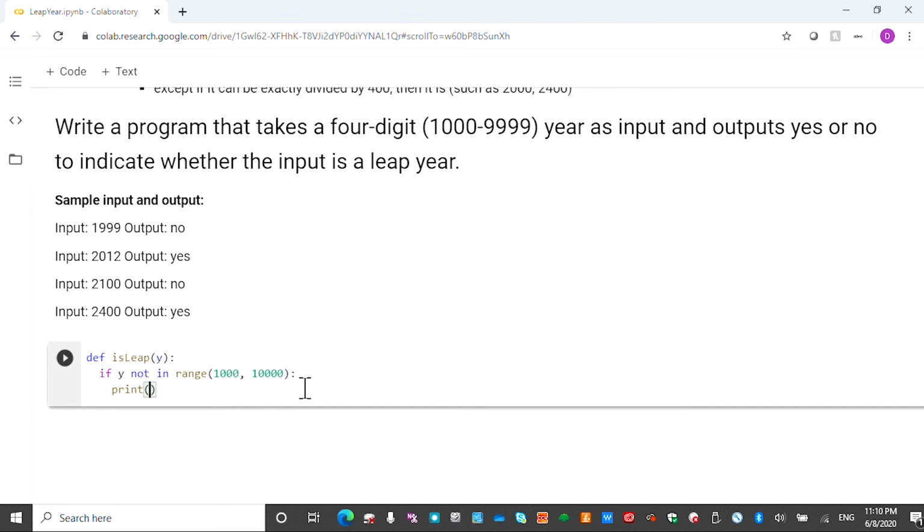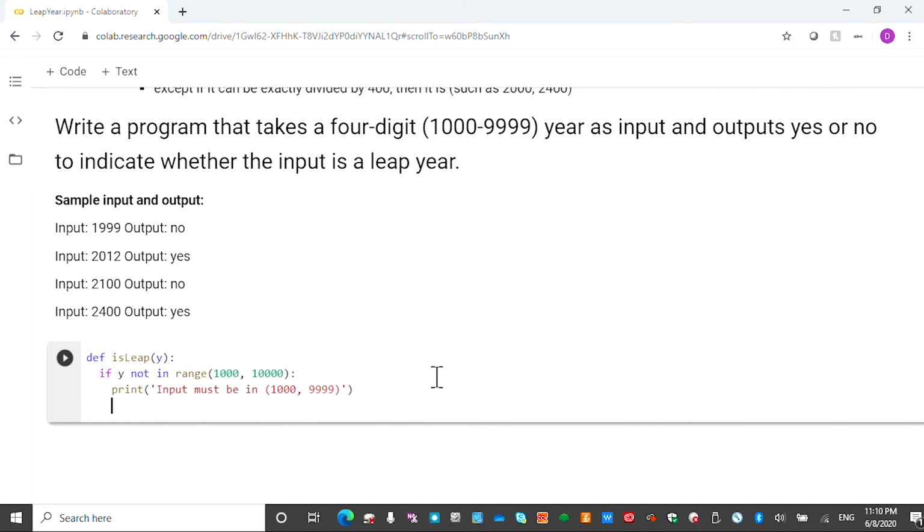Input must be in 1000 to 9999, just to tell the user that the input is wrong.